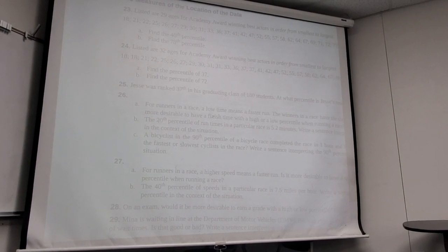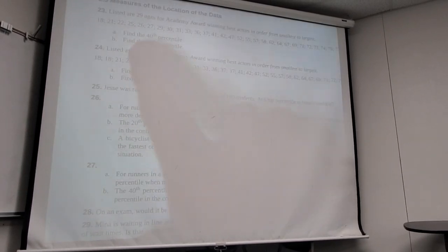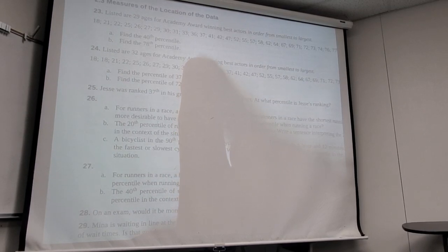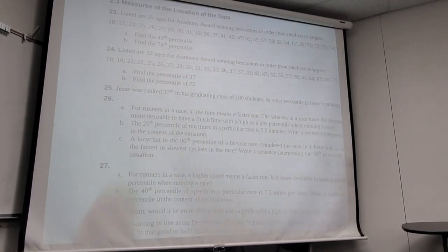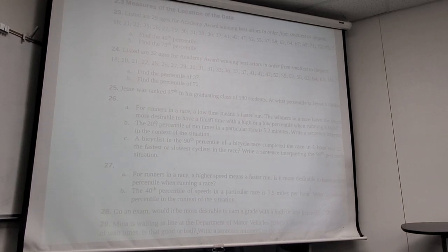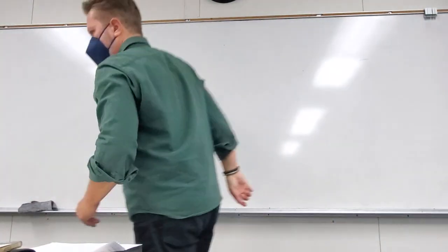Let's do this real quick. Let me add a part C onto this. How would you find Q1? What does Q1 mean? 25th percentile, right? The first quarter. So what would be your first step?